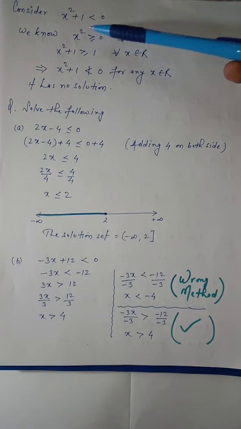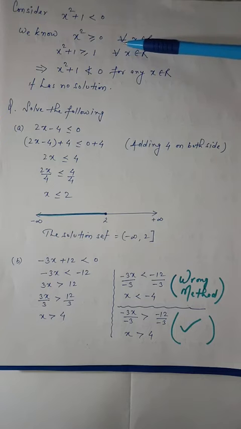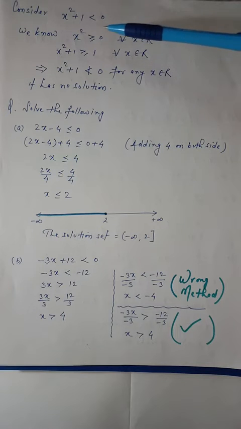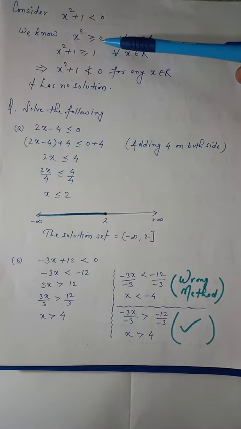So we will say x square is either 0 or greater than 0 for all x belonging to R. You put any real value of x, you will get x square always greater than or equal to 0.